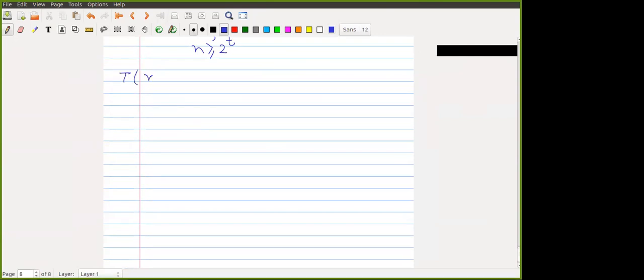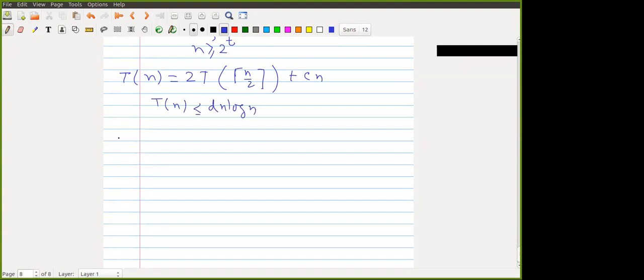So T of n is 2T of, let's say, ceiling of n by 2. I'm doing the whole thing, but it's not always necessary to do this ceiling thing. So our guess is T(n) is less than or equal to some d n log n.